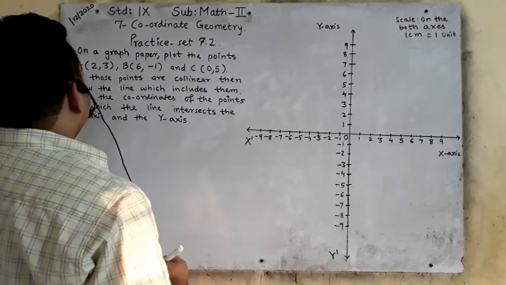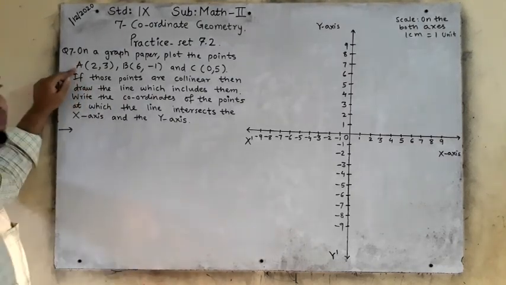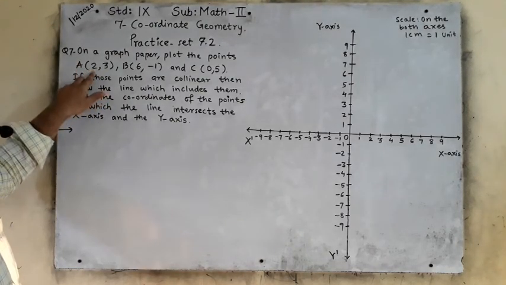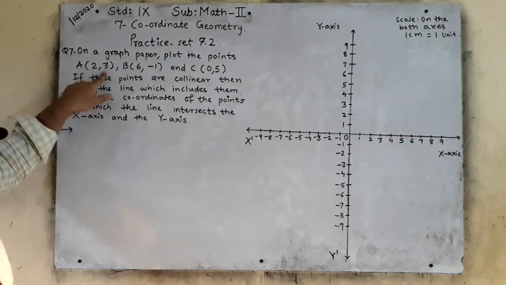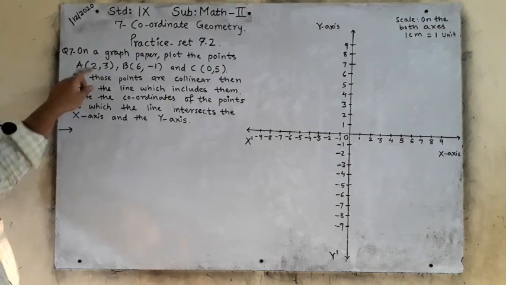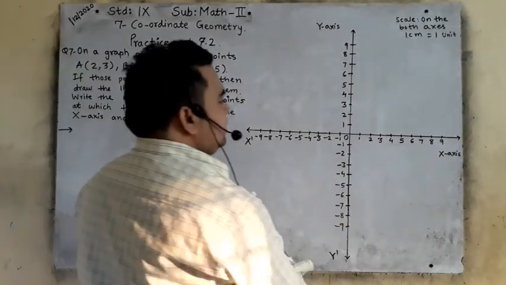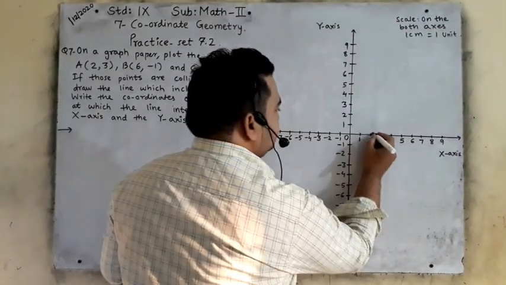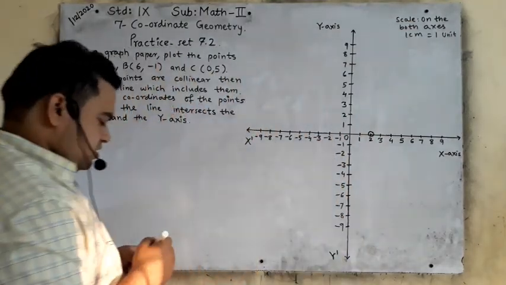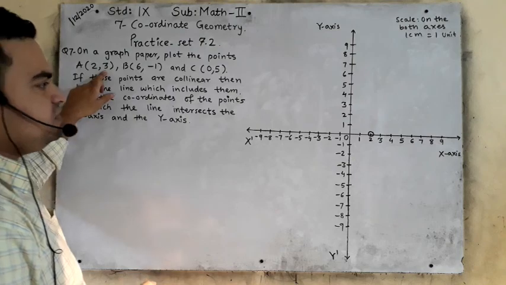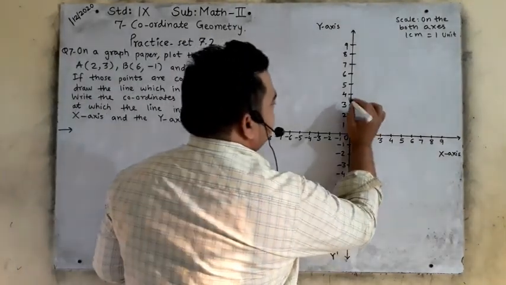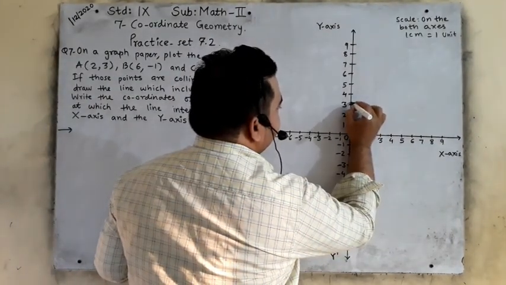Then we will plot the point A. Point A has two coordinates: 2 is the x coordinate and 3 is the y coordinate. So on the x-axis we will find 2. Where is 2 here on the x-axis? This is 2, so we will circle the 2. Now on the y-axis, positive 3, we will circle here positive 3.